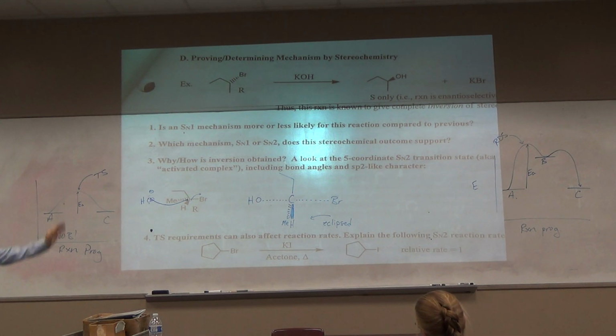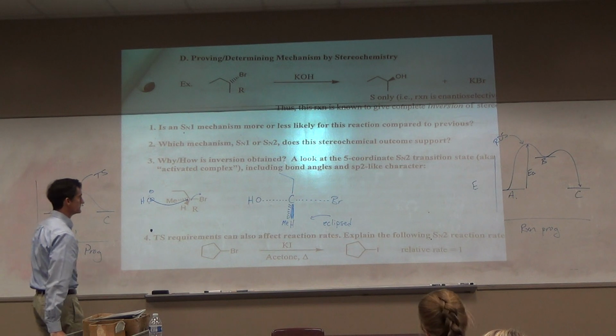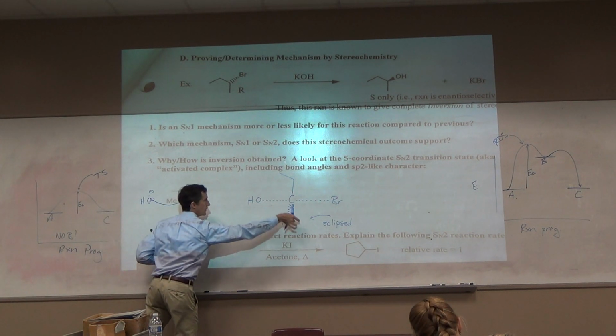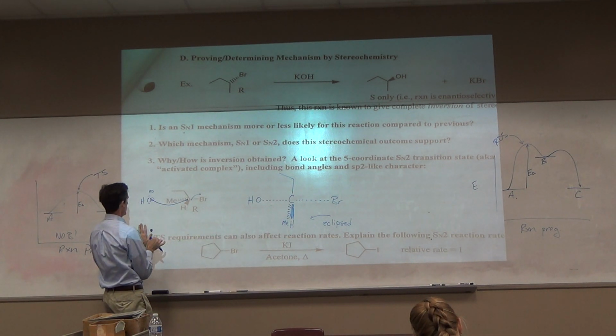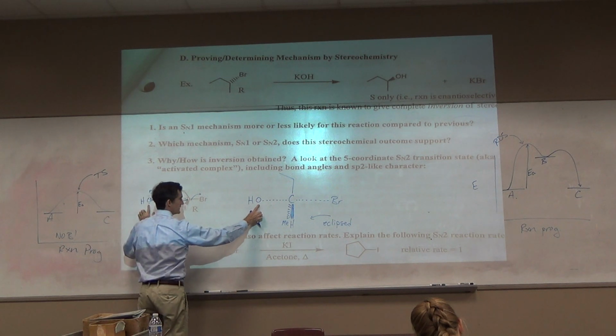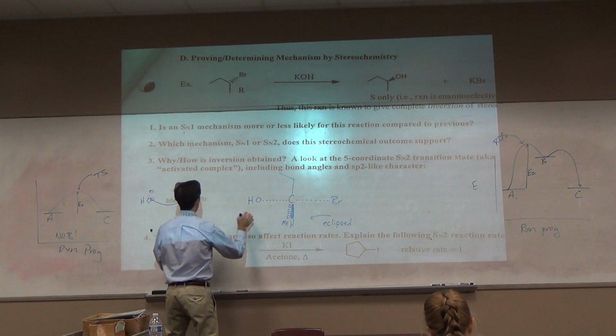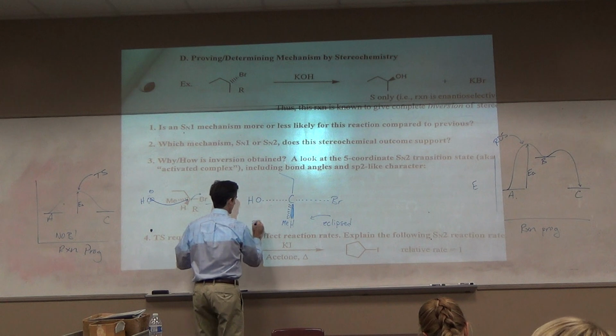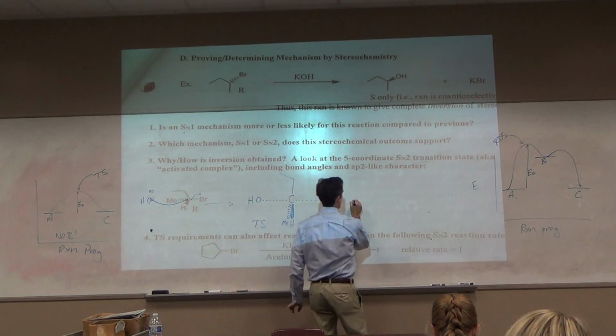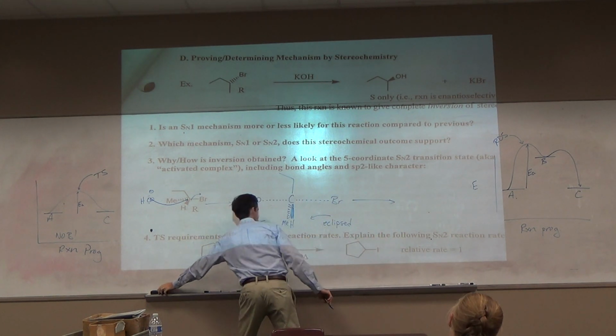That is, the H is right in front of the methyl. We'll comment on this. Charge, though. What's the charge of the oxygen here? Well, where does it end up? That's the transition state, yes? Where does it end up when it's done?